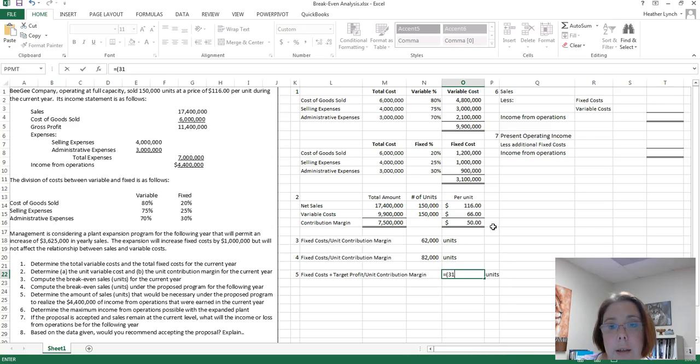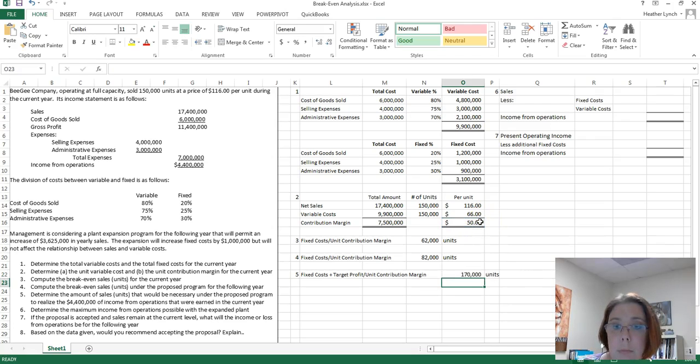you take that 3.1 million plus that 1 million, okay, plus we want to have a target profit of $4 million, and we divide that again by the contribution margin.